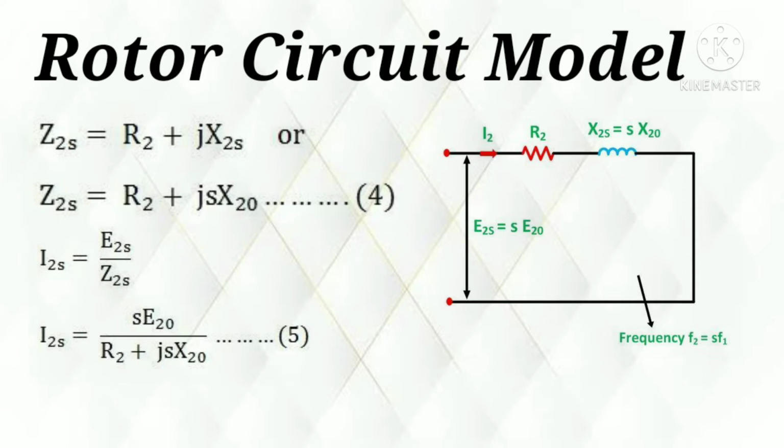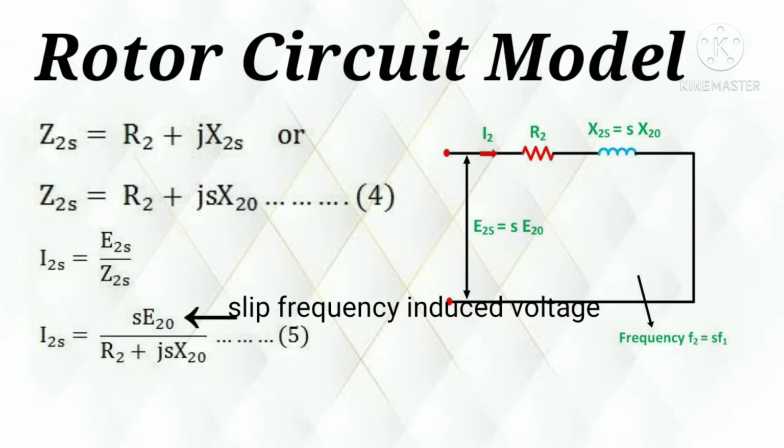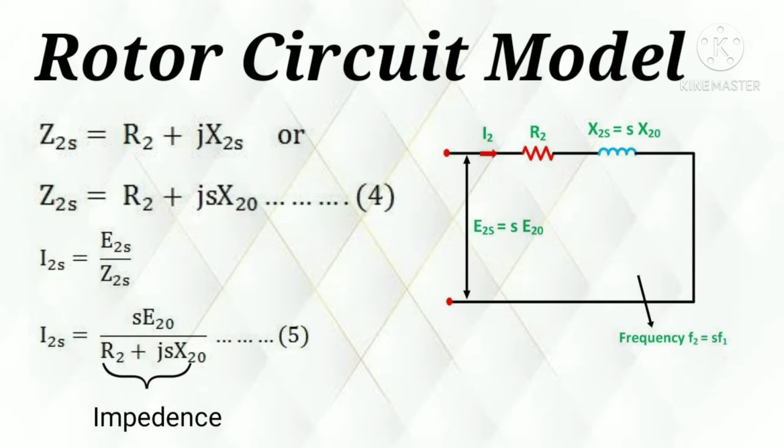Now putting the value of Z2s, we get this equation. Here I2 is the slip frequency current produced by the slip frequency induced voltage sE20 acting in the rotor circuit having an impedance per phase R2 plus j s X20.